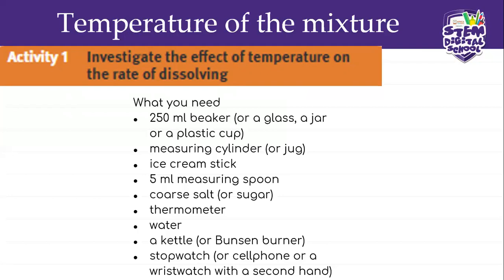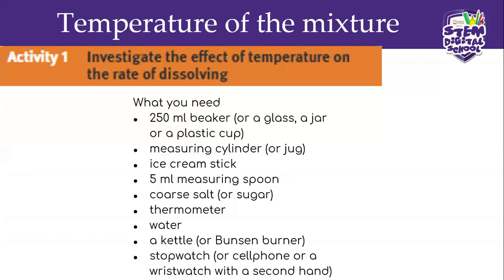What we will need is a 250 milliliter beaker or glass jar or plastic cup, a measuring cylinder, an ice cream stick, a 5 milliliter measuring spoon, coarse salt or sugar, a thermometer, water, a kettle, and a stopwatch.